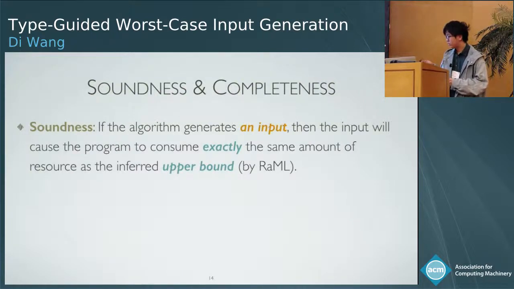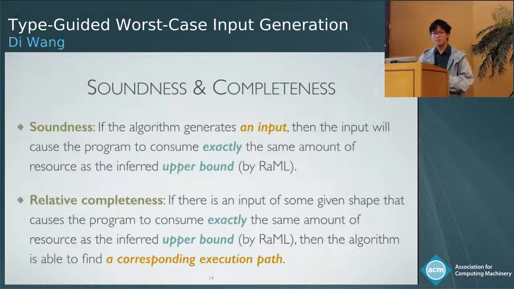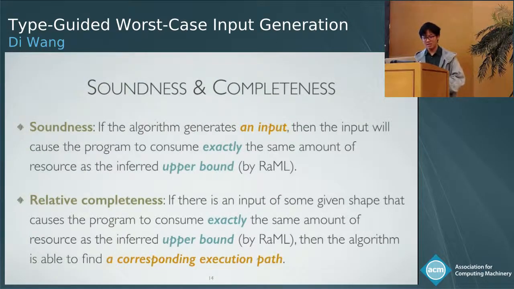What's more, we also prove some sort of completeness. It's complete modulo constraint solving, in the sense that if there's an input of some given shape that causes the program to consume exactly the same amount of resource as the inferred upper bound, then our algorithm can find a corresponding execution path. Why is the completeness interesting?